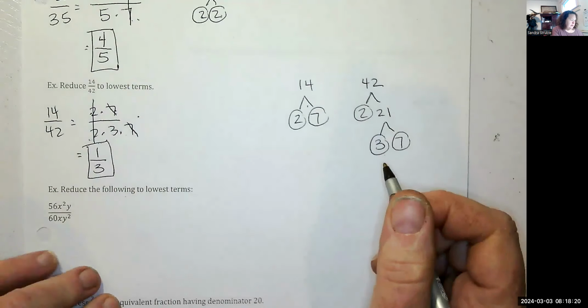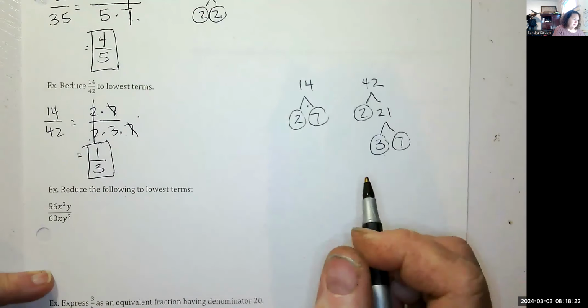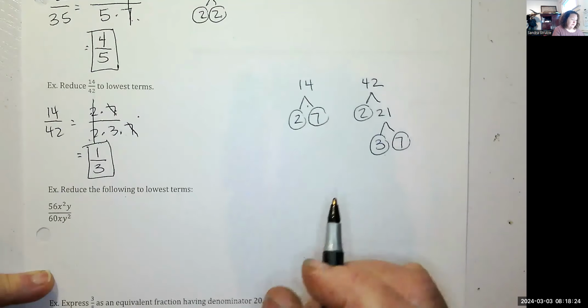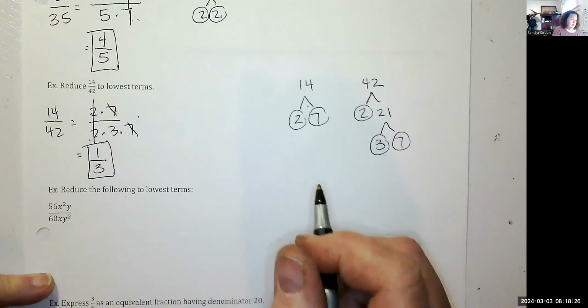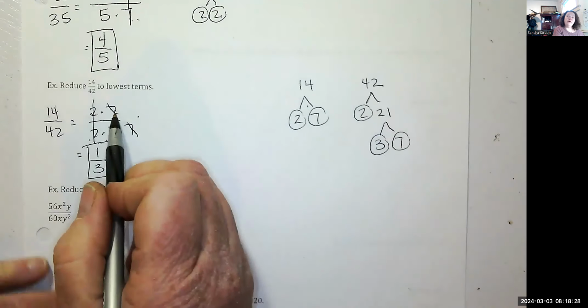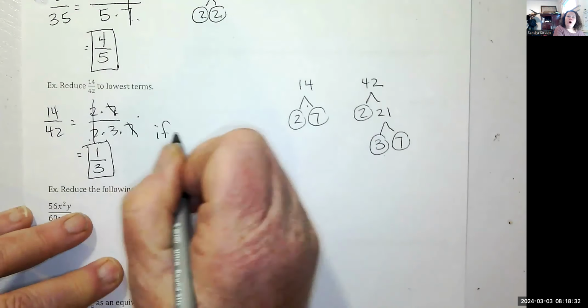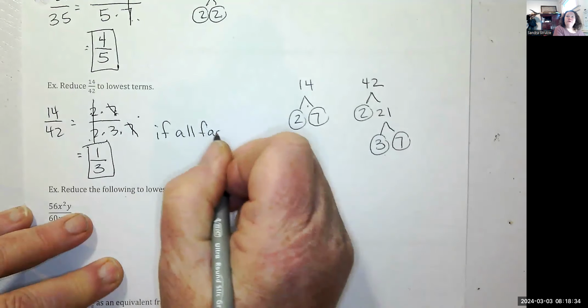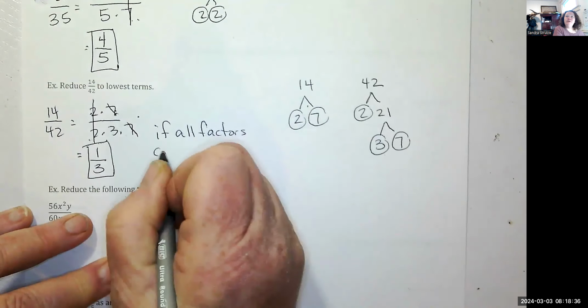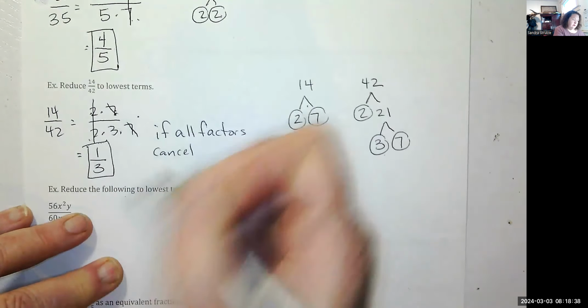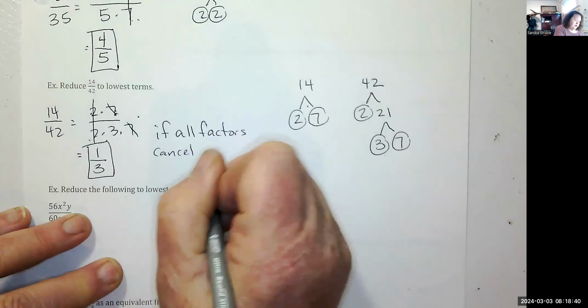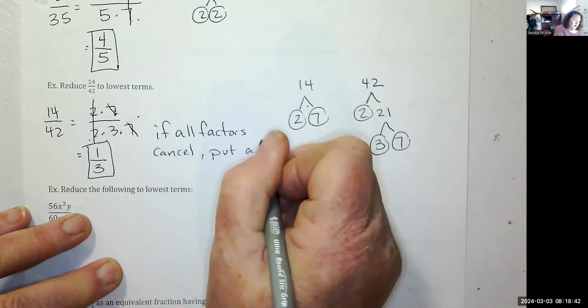All right. So if all factors cancel in the numerator or in the denominator, you're going to put a 1.